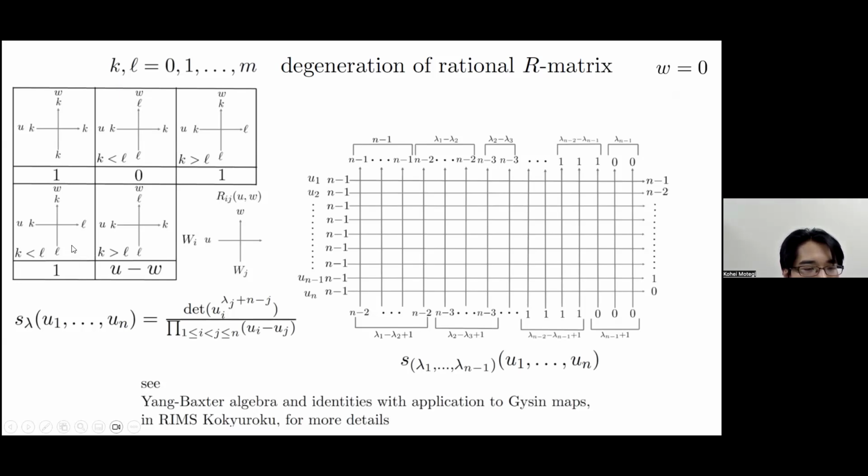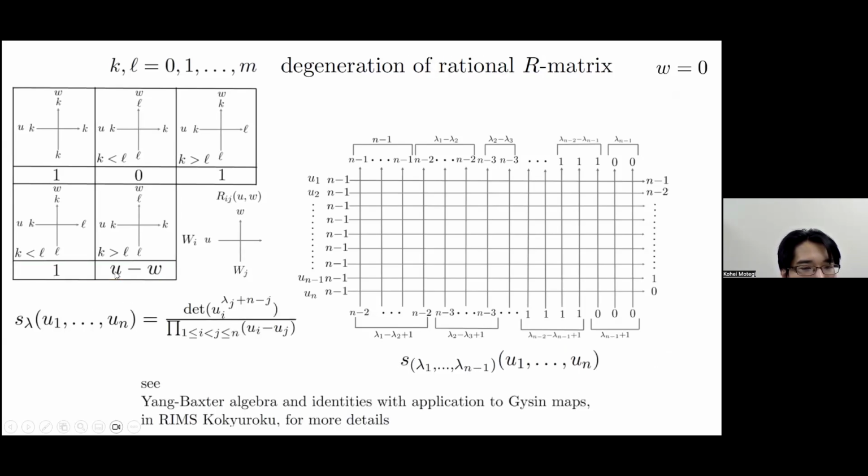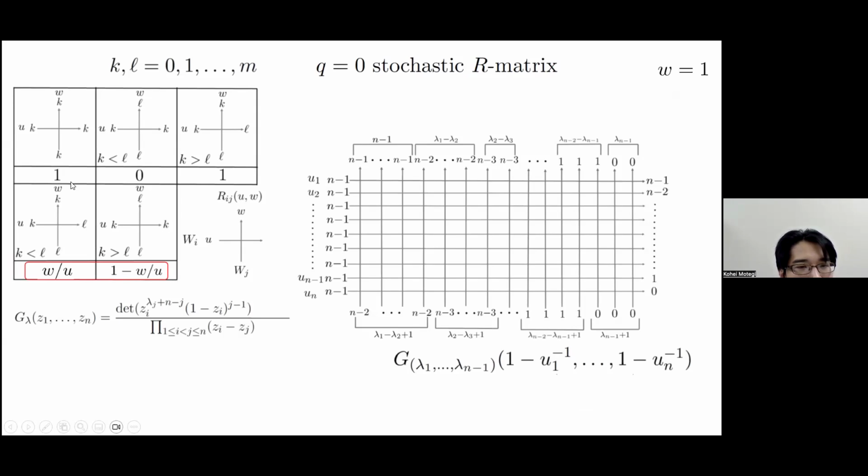So if you change the bottom part slightly, then you can regard this as a Q0 degeneration of a version of quantum U_q(sl_N) R matrix, or what is today called the stochastic R matrix.